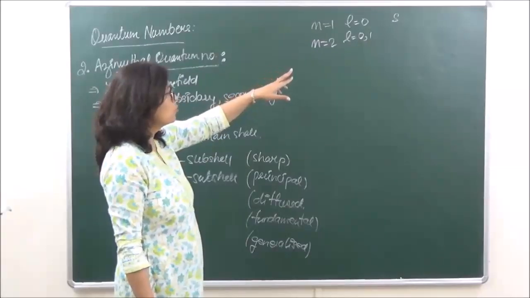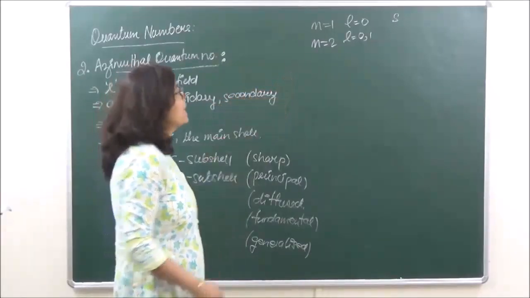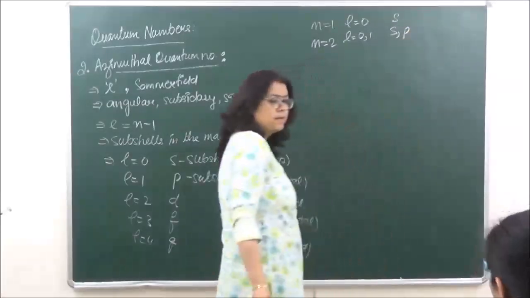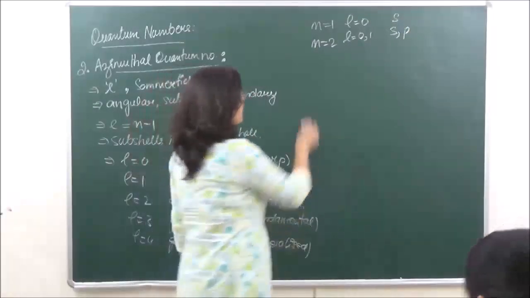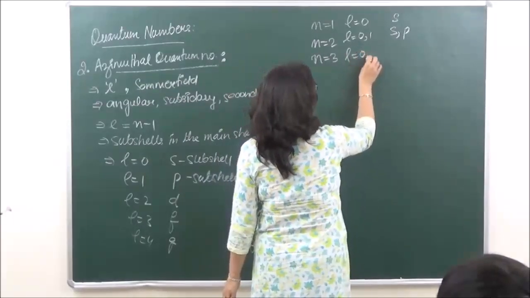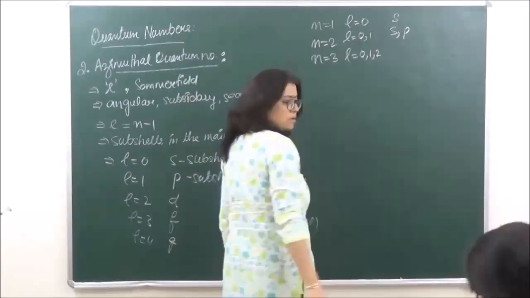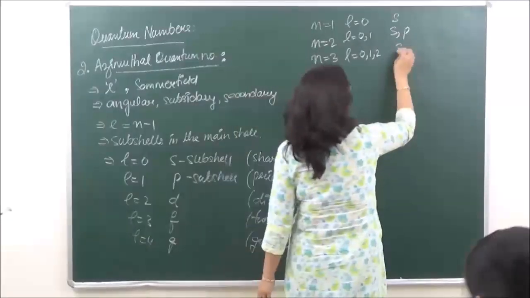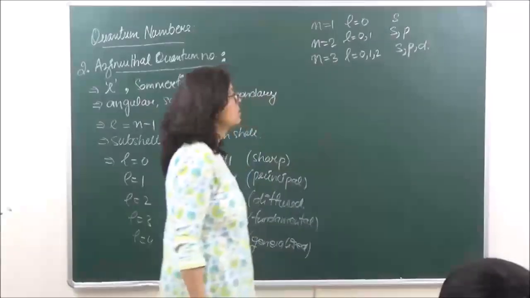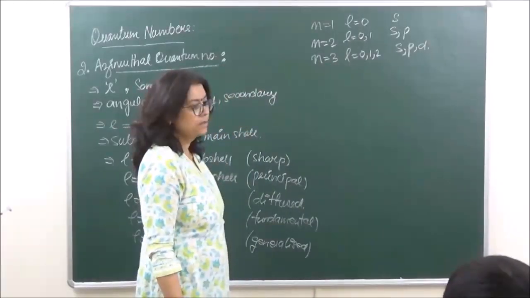If n is equal to 2, L is equal to 0 and 1, and the subshells present are S and P. If the value of n is equal to 3, then L is equal to 0, 1 and 2, and the subshells present are S, P and D. Right?